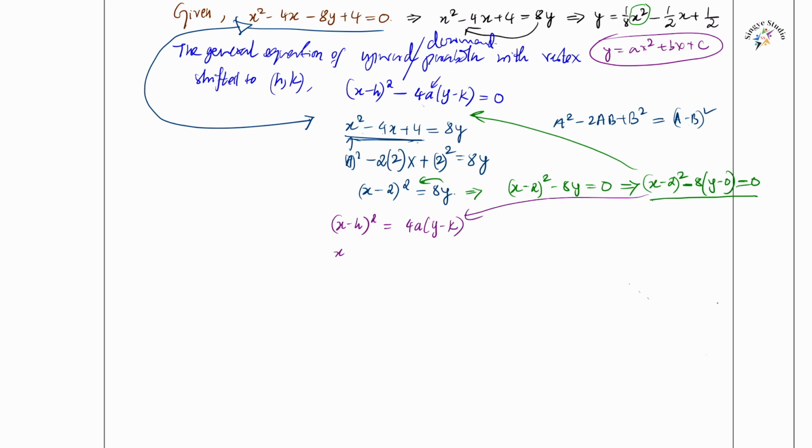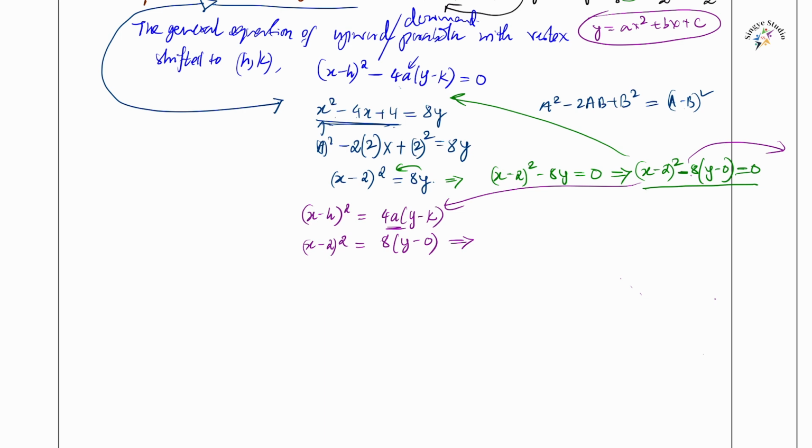You can get (x minus 2) the whole squared equals, if you go like this, then it will get 8(y minus 0). If you want to write exactly in this format, then we can also write (x minus 2) the whole squared equals 4 times 2 times (y minus 0), right?